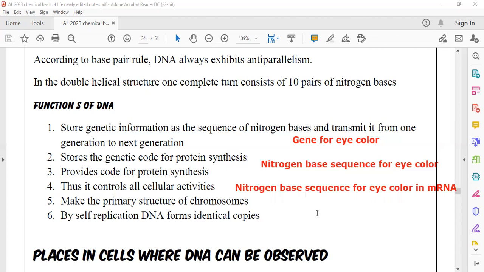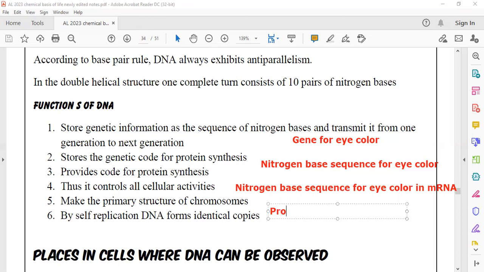In the gene, there is a nitrogen base sequence for eye color that is copied to the nitrogen base sequence for eye color in mRNA. Using this mRNA, later you will study how.